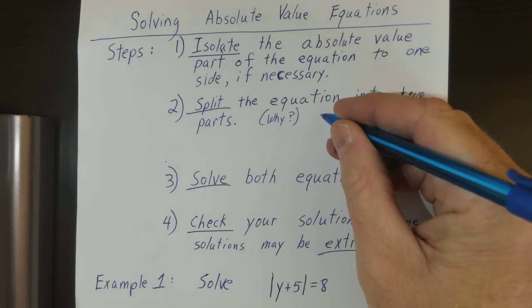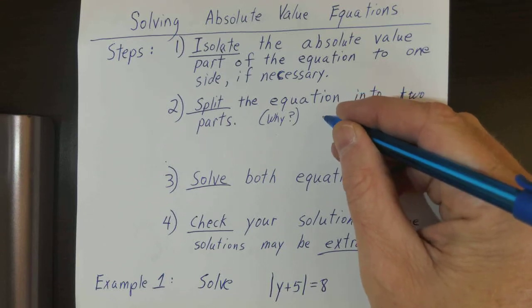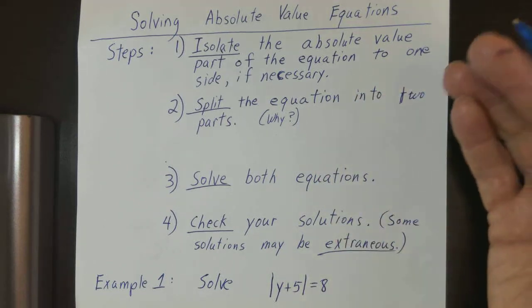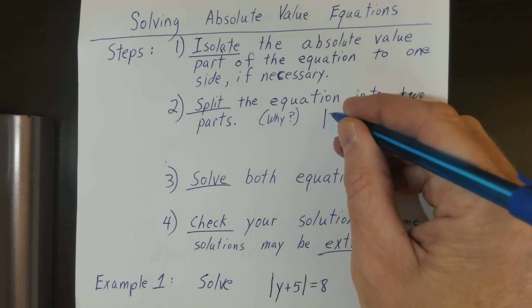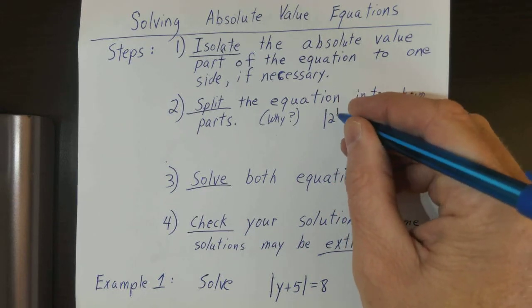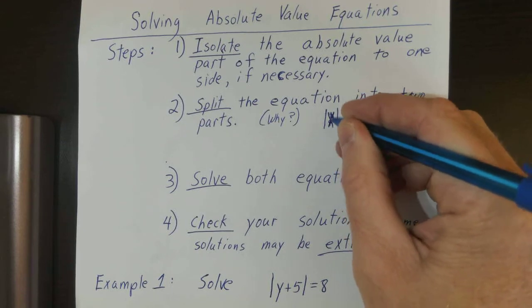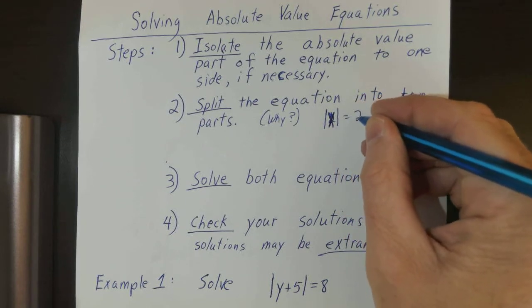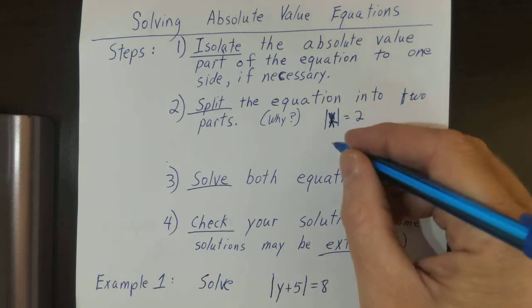And what I want you to see here is, the question is why. Let's put a variable here. The absolute value of x is equal to 2. Well, what numbers can I put in for x?